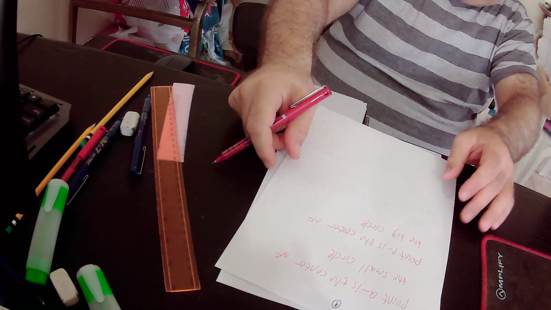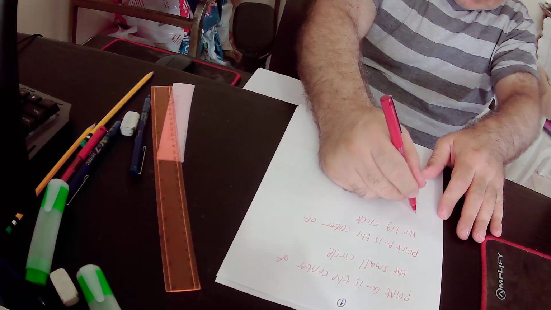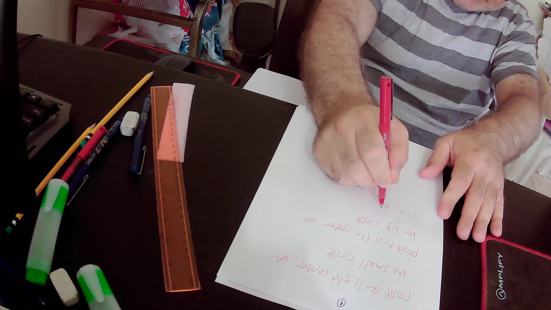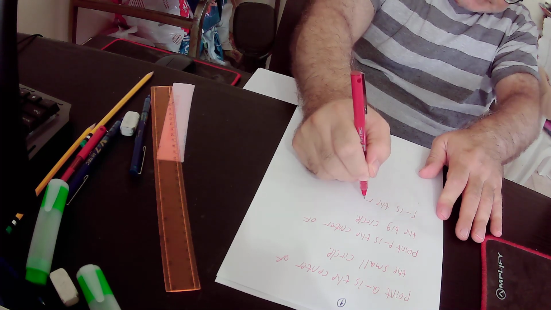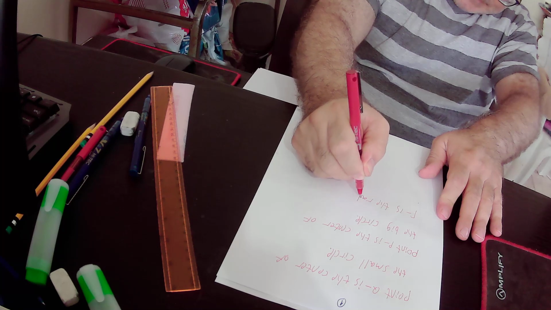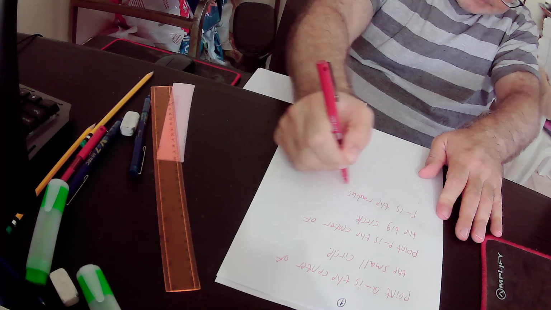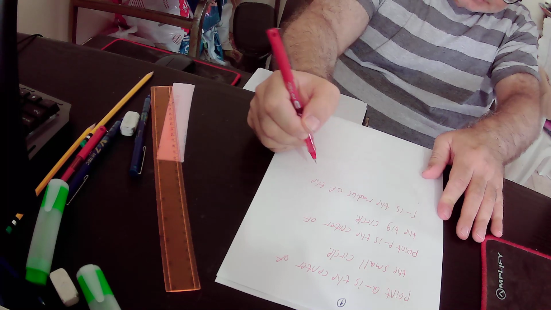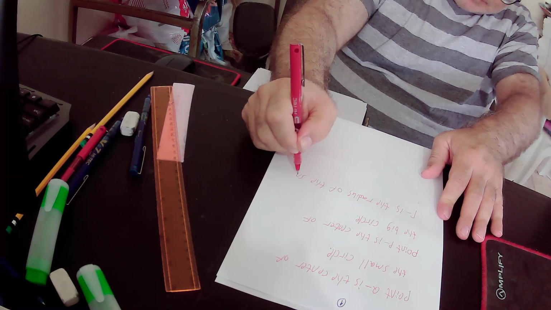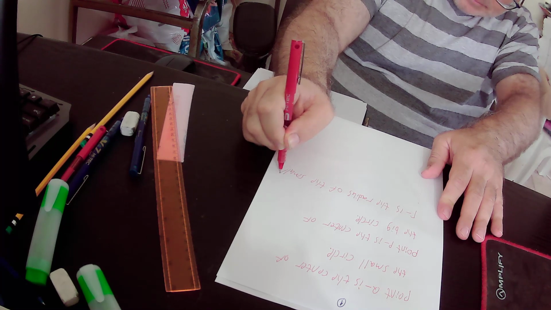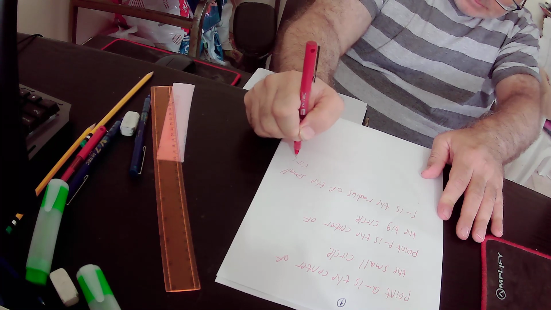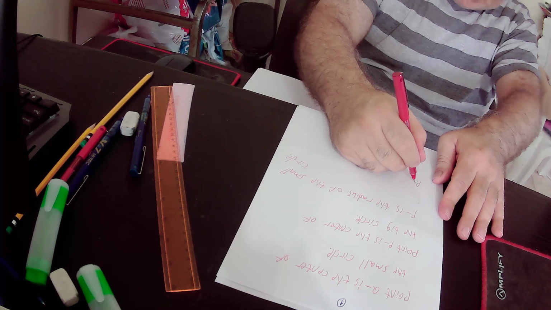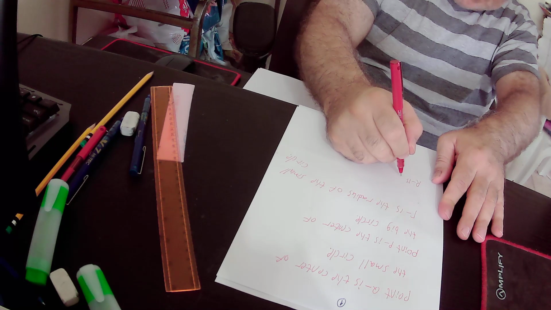So small r is the radius of the small circle, and capital R will be the radius of the big circle.